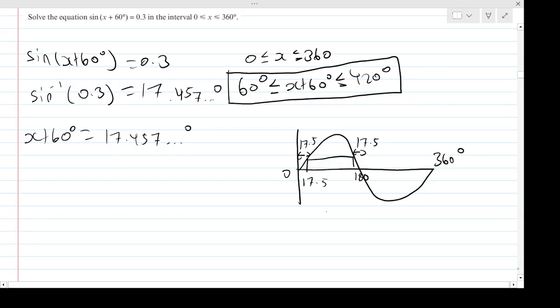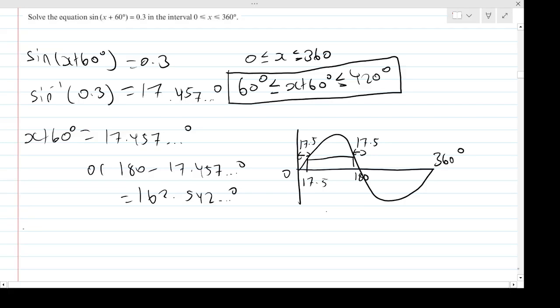So then I'll then get the other solution, 180 take away this 17.457, which would get me 162.542 blah blah blah degrees.